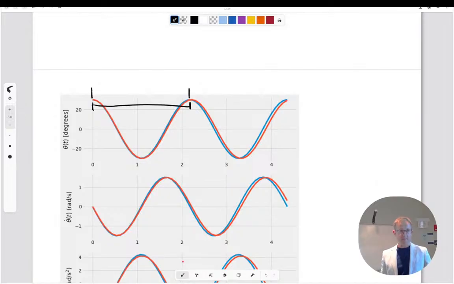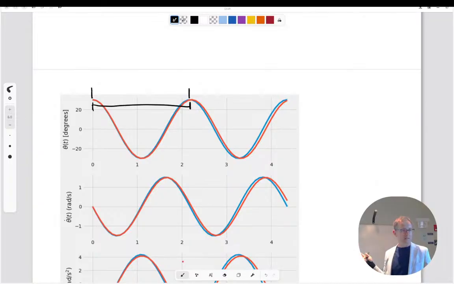Definitely within half a second, right? Because it's a 2-second time period and both are pretty close to 2 seconds, or whatever, 2.1. Oh yeah, we said 2.2. So they're both pretty close to 2.2.